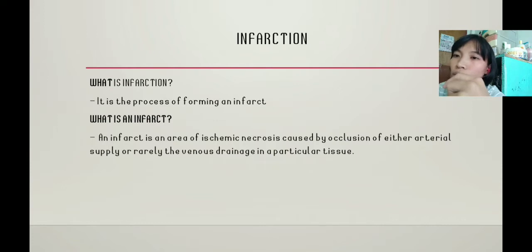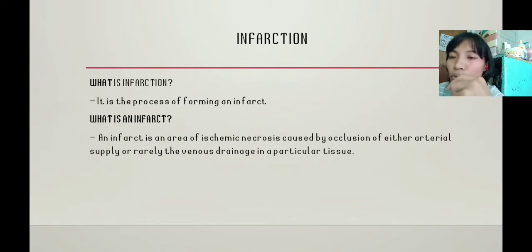Let me give you an example of this event of infarction. But first, let us define what ischemic necrosis means. Ischemia, as we can recall, is an event of a reduced blood supply, and necrosis means cell death.